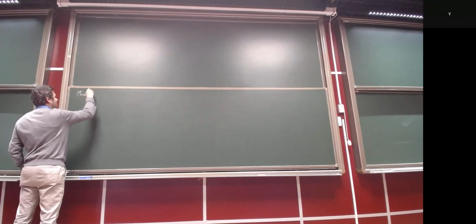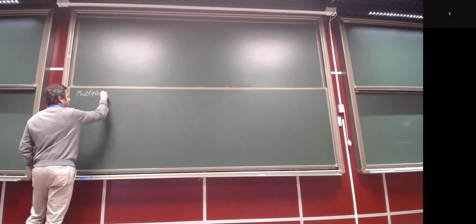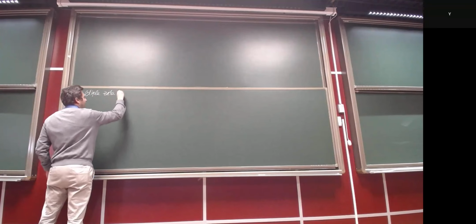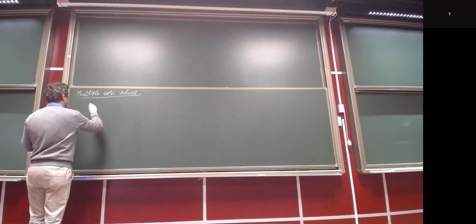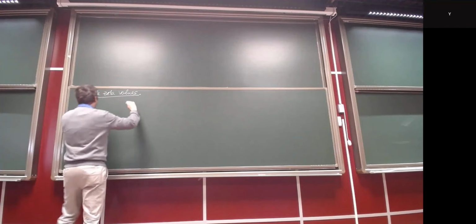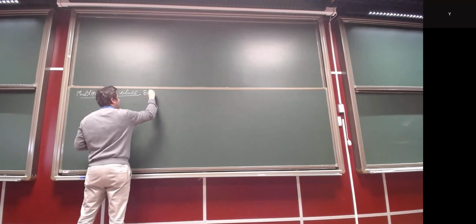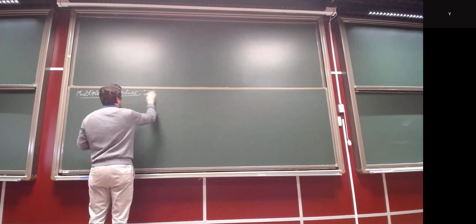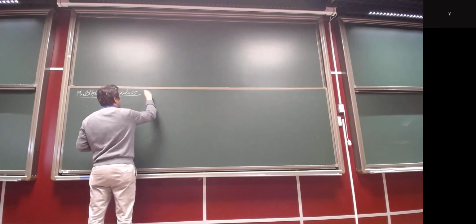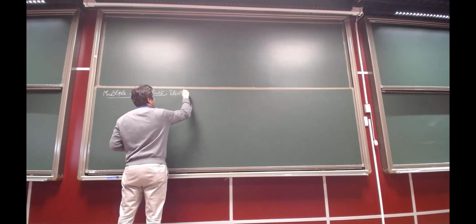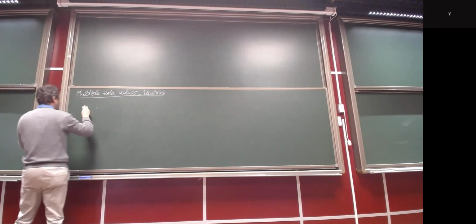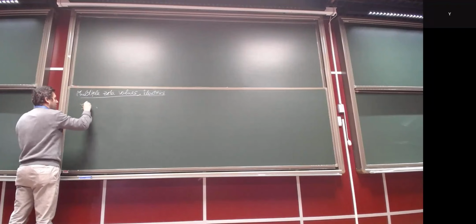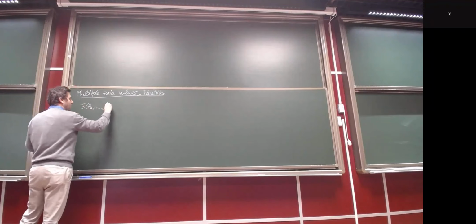All right, so today I'm going to talk about multiple zeta values. In fact, I will talk more about identities involving multiple zeta values. Let me remind you that these are defined this way.